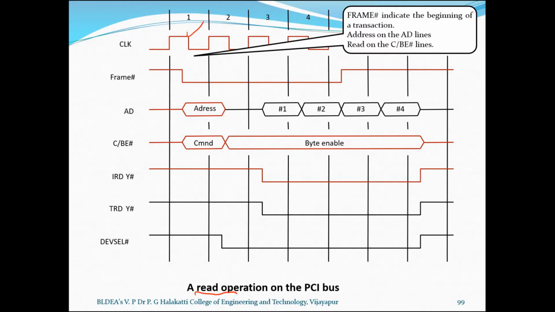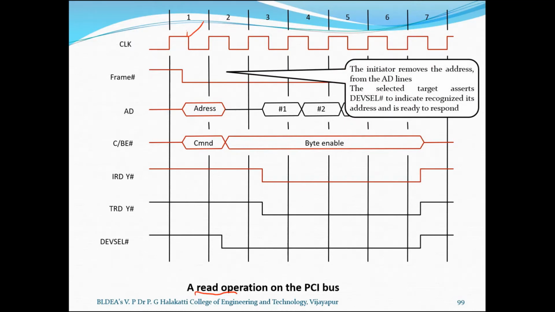In clock cycle 2, the processor removes the address and disconnects its drivers from the AD lines. The selected target enables its driver on the AD lines and fetches the requested data. It also asserts DEVSEL# low, and it keeps it at that level until the end of the bus transaction. The data is placed on the bus during clock cycle 3.